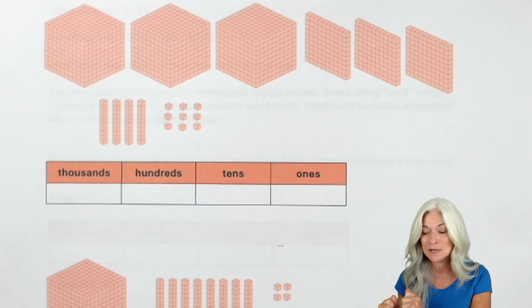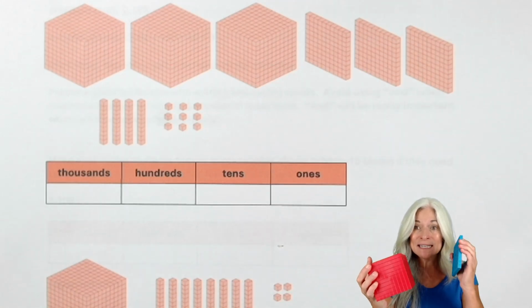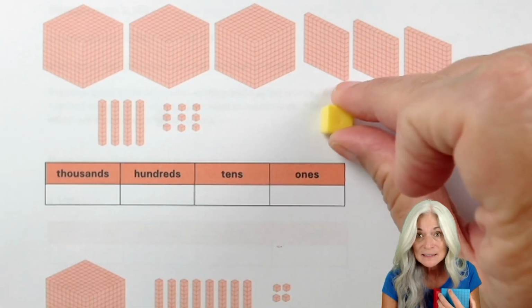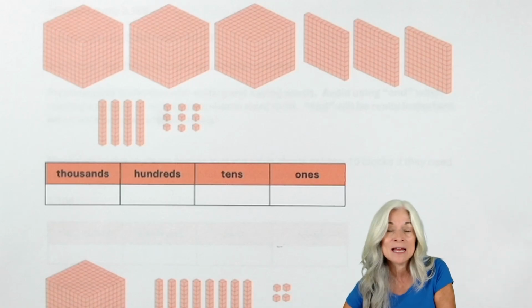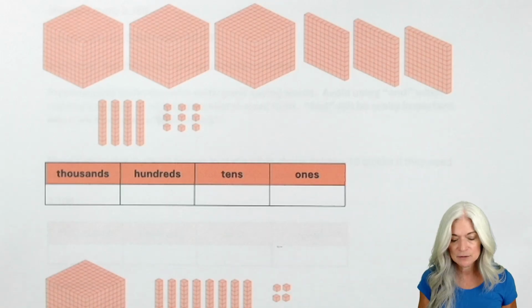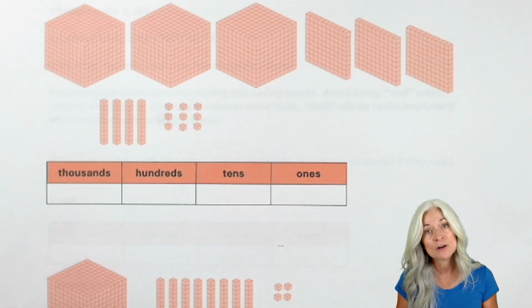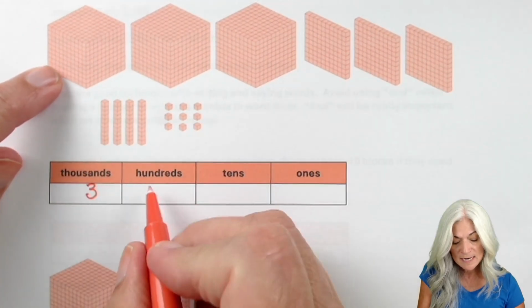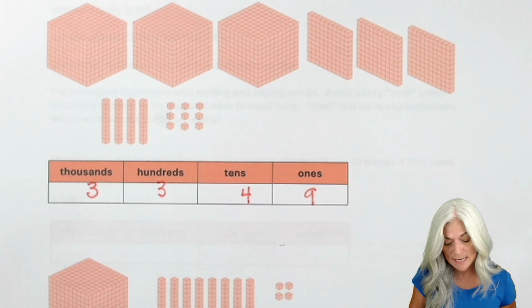That really helps them see the difference between 1,000, 100, and even the little tiny 1. So that's one thing you could do, is let them use the base 10 blocks to build these pictures, and then they'll fill in the place value chart. So obviously we have 3,000s, 300s, 4 10s, and 9 1s.